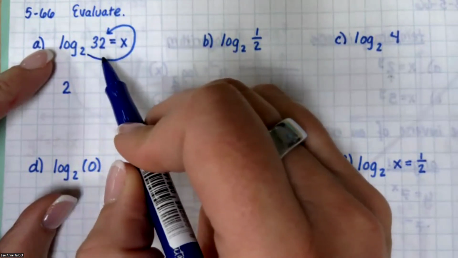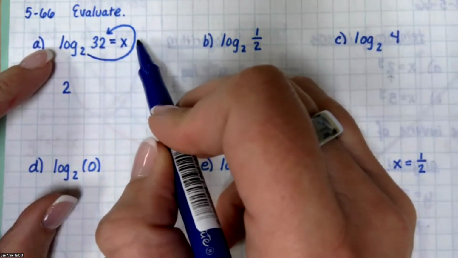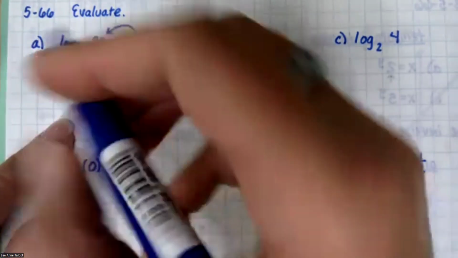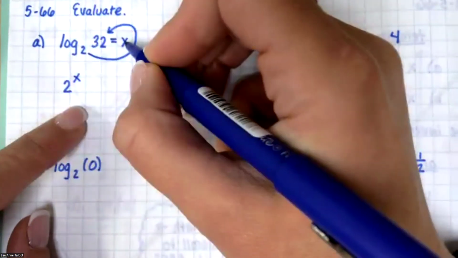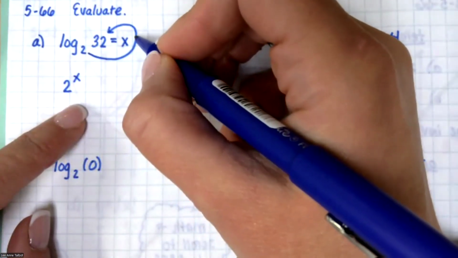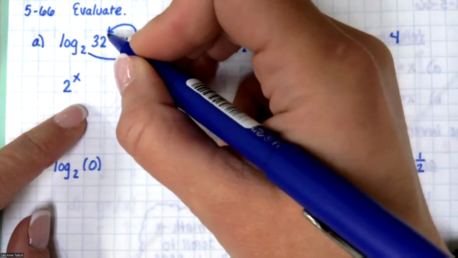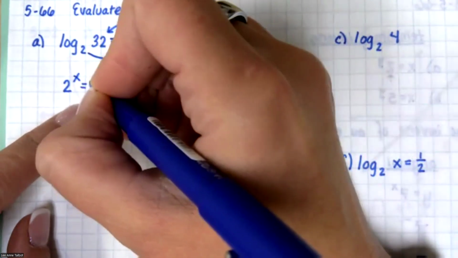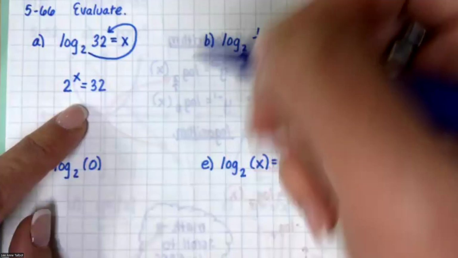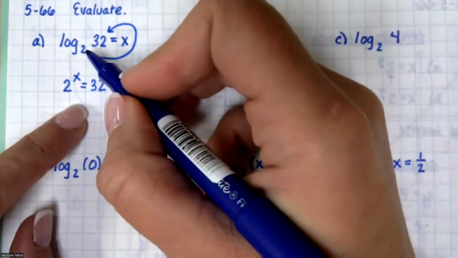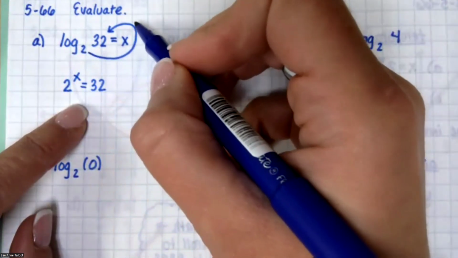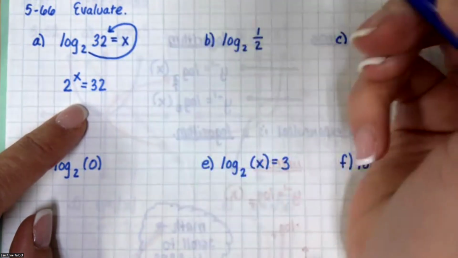Then you follow the little arrow around, and the X becomes your exponent. And then you keep following the little arrow around, equals 32. So 2 to the X equals 32.